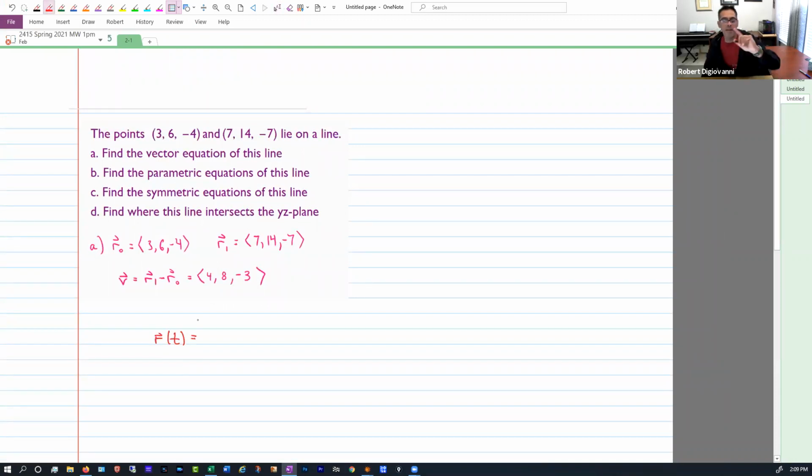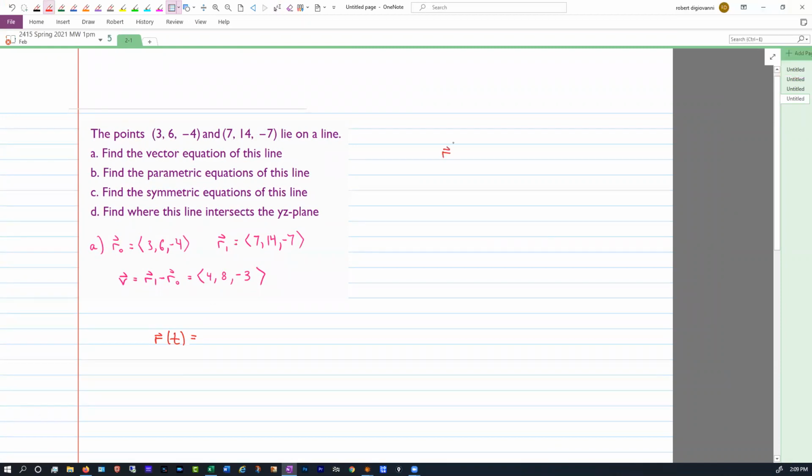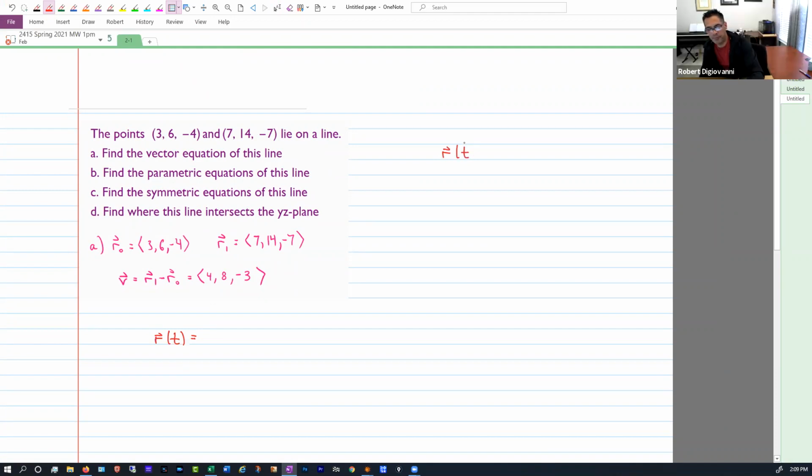equals. Just so you know, when I was taking this class, the way it appeared in our book, they didn't use R, they used U of T equals U0 plus TV. It's basically the same formula as the one we're using, but they used a U instead of R. Do y'all see that?